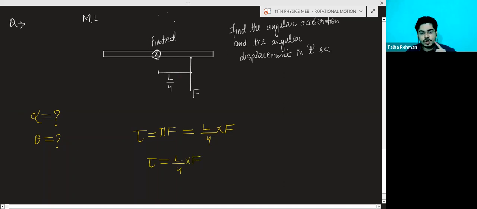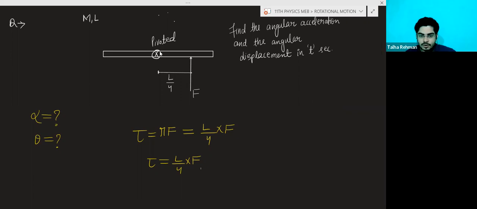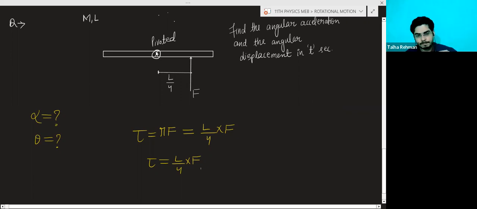Now, there is one more formula to calculate the torque about this axis: I into alpha, where I is the moment of inertia about this axis and alpha is the angular acceleration. The moment of inertia about the axis perpendicular to the plane of this rod, passing through the center, is ml square by 12.